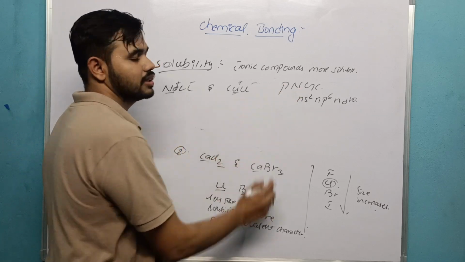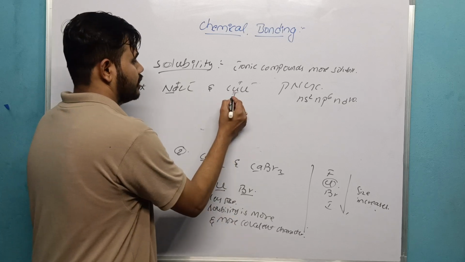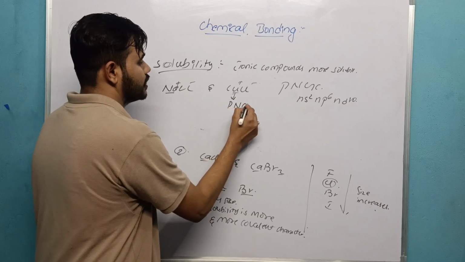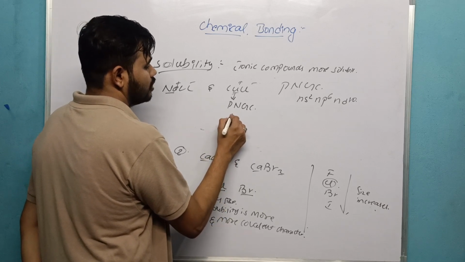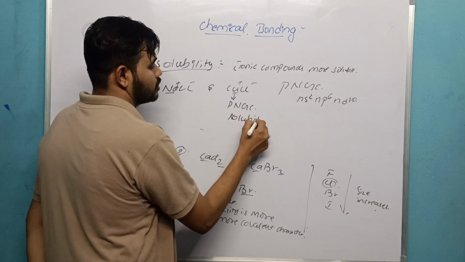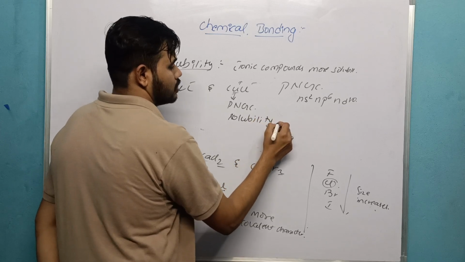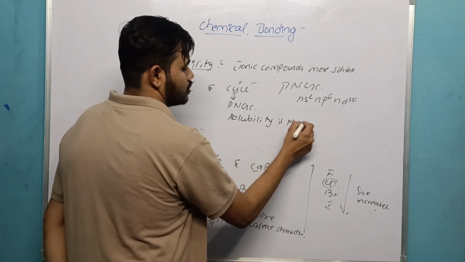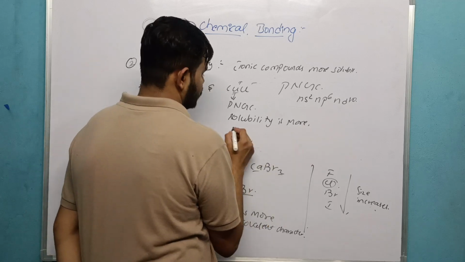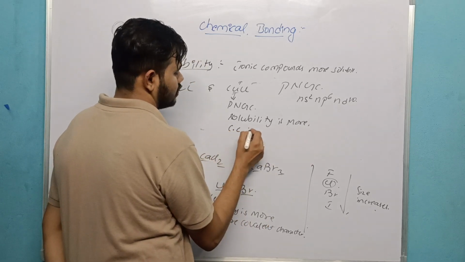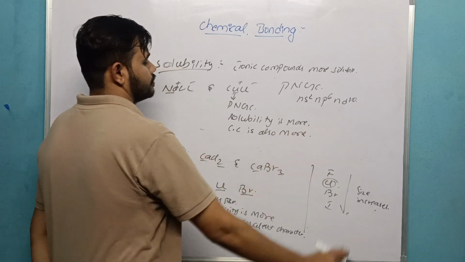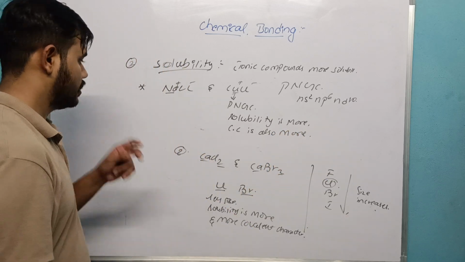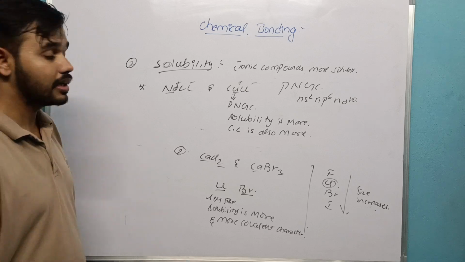Here Cu plus follows pseudo noble gas configuration, so its covalent character will be more, which means solubility will also be more. This is one example regarding pseudo noble gas configuration.